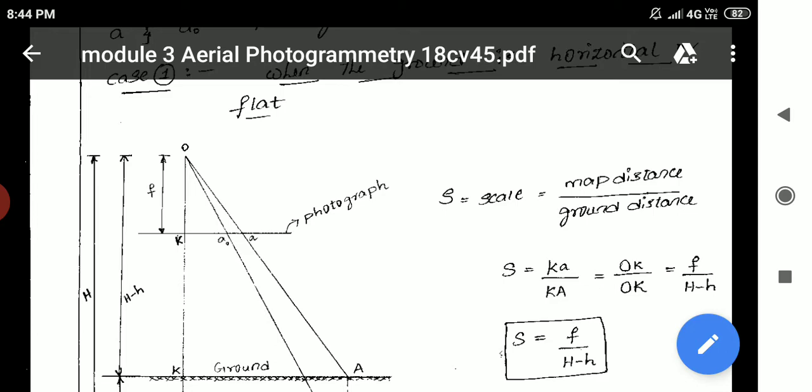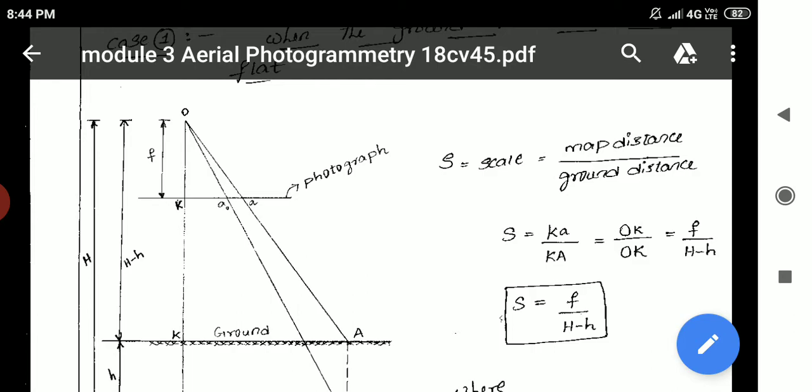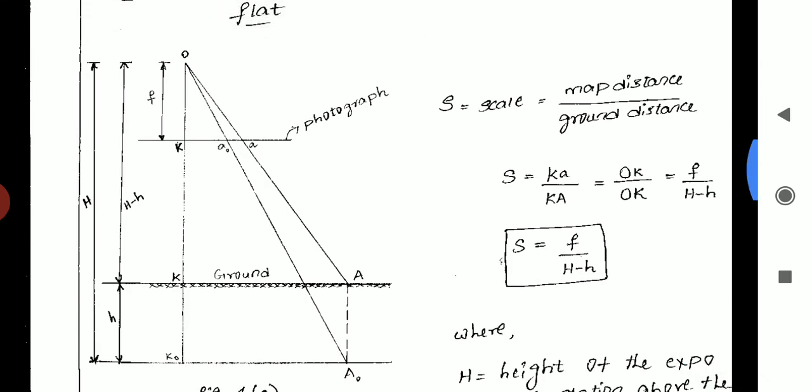O is the camera. From point O the camera will capture, so by using the camera we will derive the equation for horizontal ground.